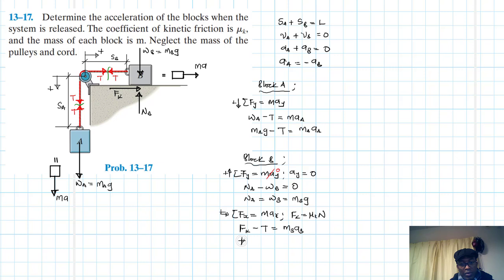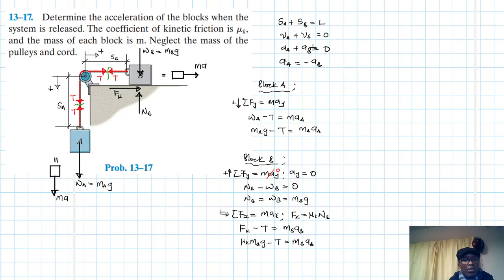Therefore, we are going to have mu k NB, this is NB. Sorry about that, I meant B. So our equation there is just mu k MBG minus T equal to MB AB.